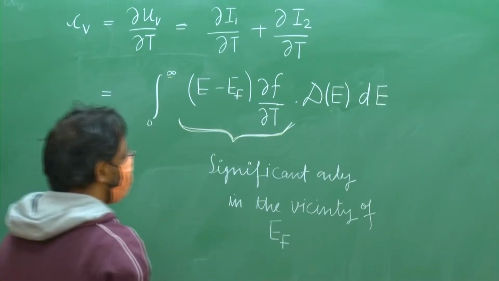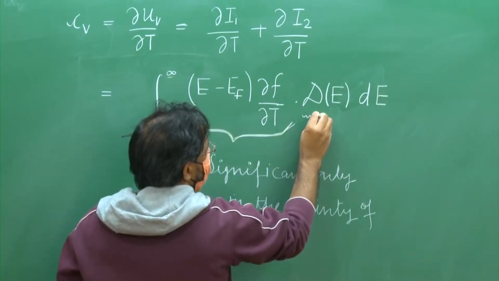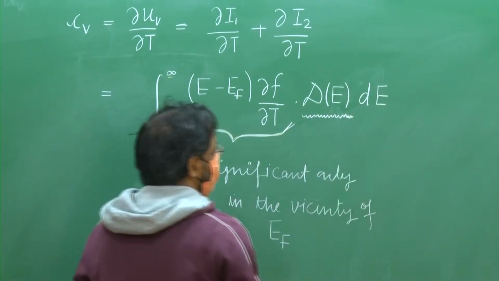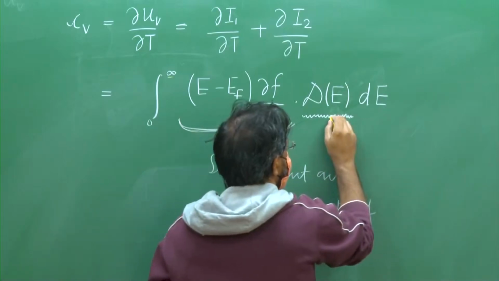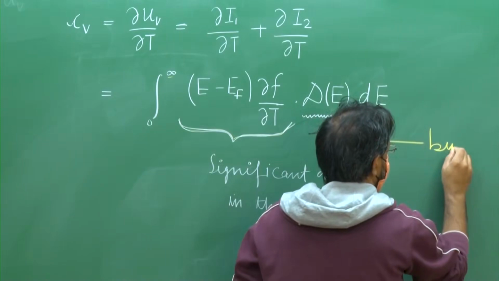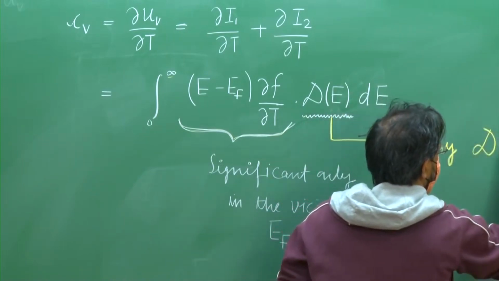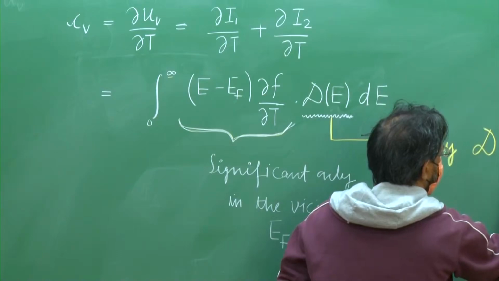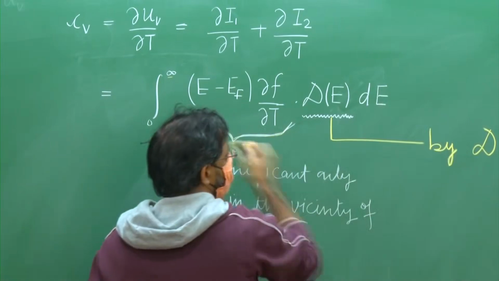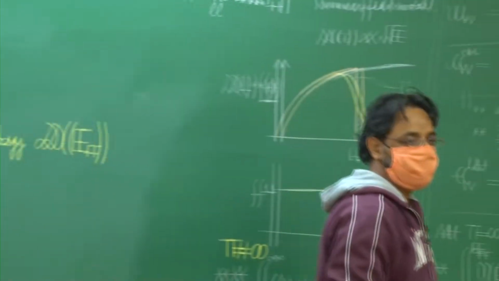Therefore, what we are going to do is, from this integration, we are going to replace this by dEF, the density of states at the Fermi energy. Why? Because on either side the integration is anyway 0, because the integrand is 0.